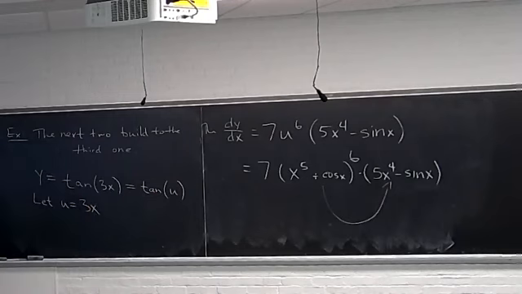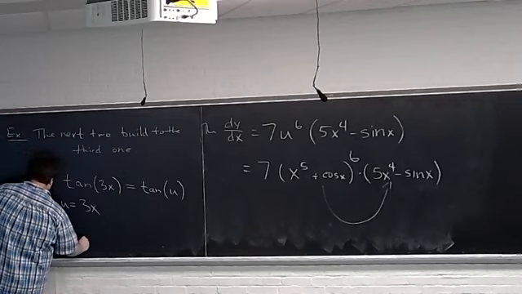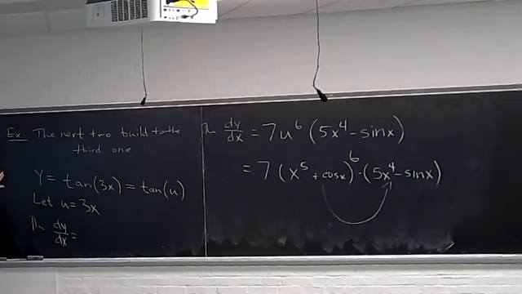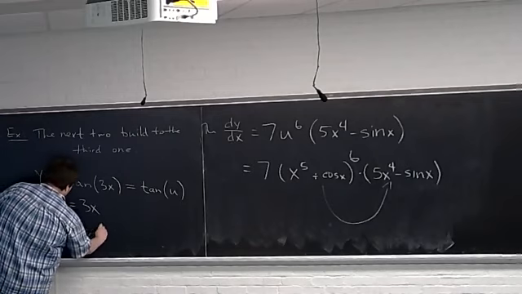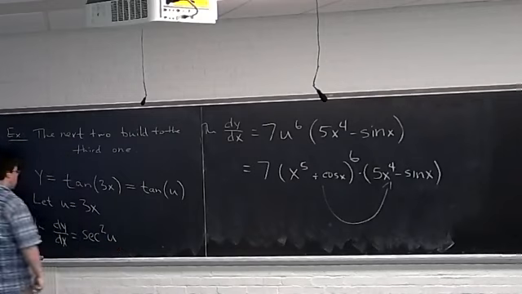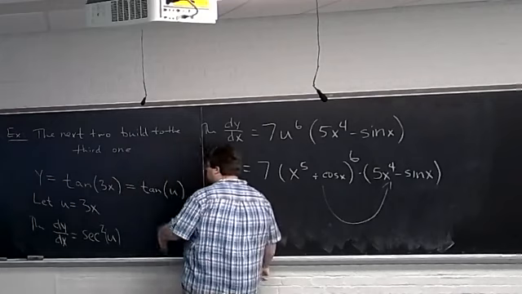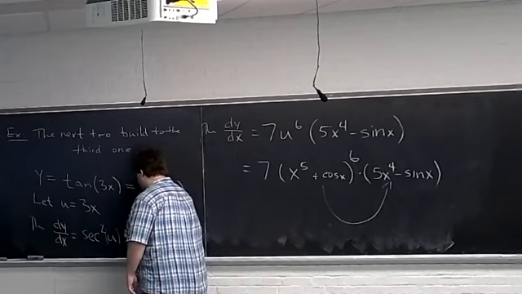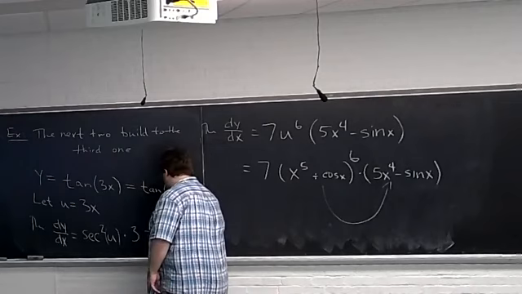Then dy dx is dy du. Derivative of tangent is secant squared. So there's our dy du times du dx times 3. And I'm just going to rewrite this with the 3 out front.